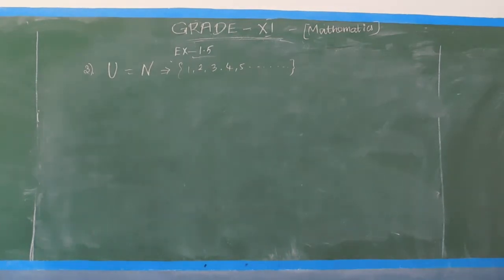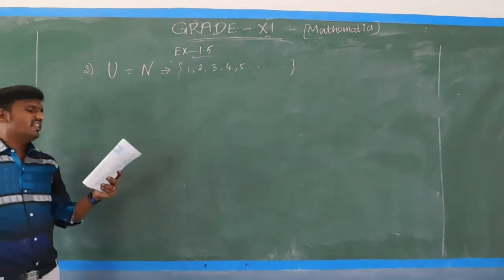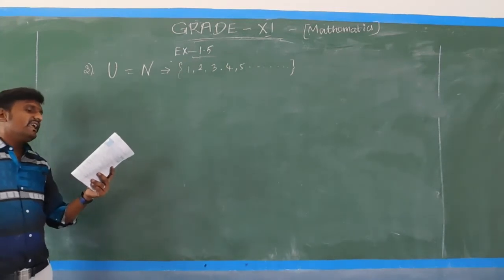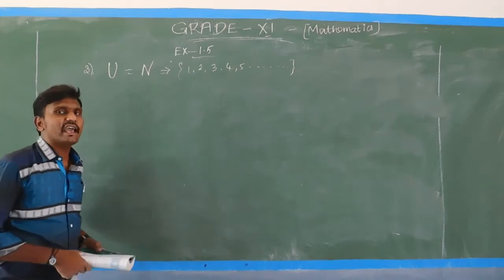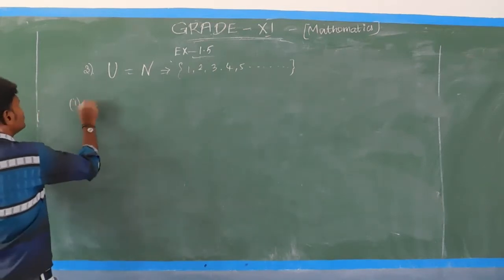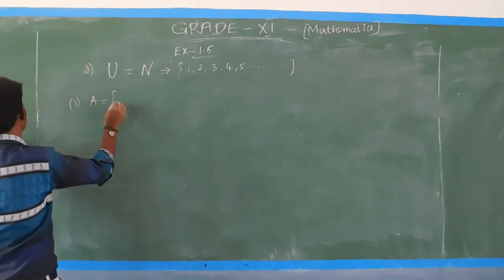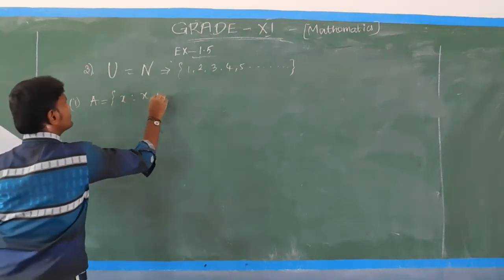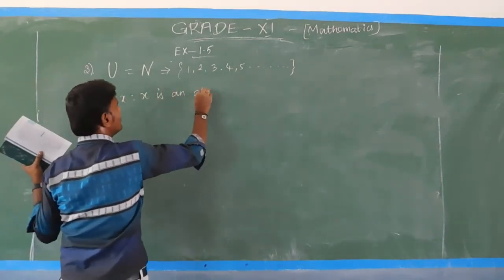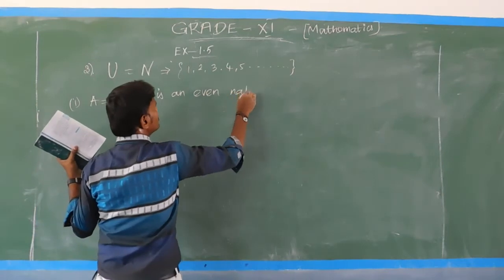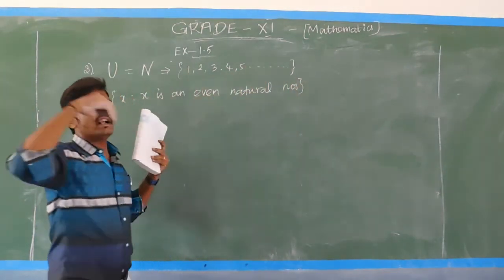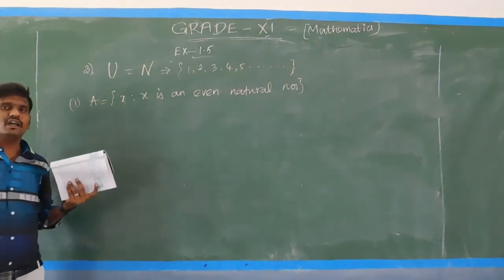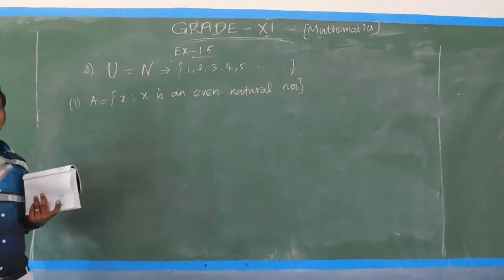Let A dash; give any name that is your wish. A is equal to x such that x is an even natural number. It may be converted into roster form, or otherwise, that's your wish.